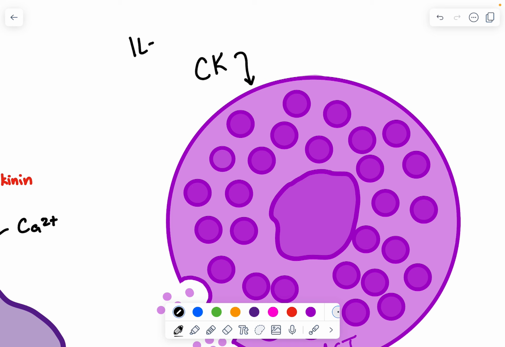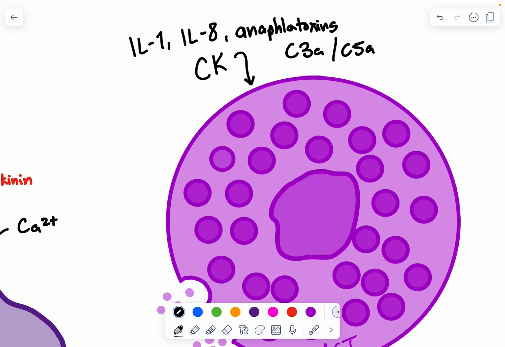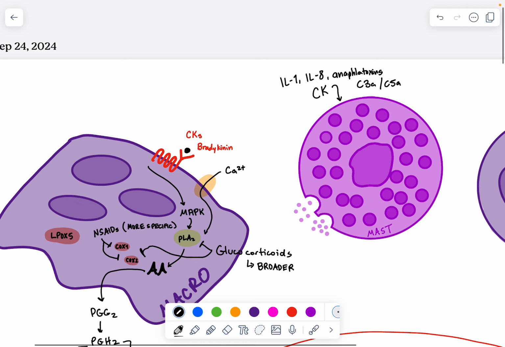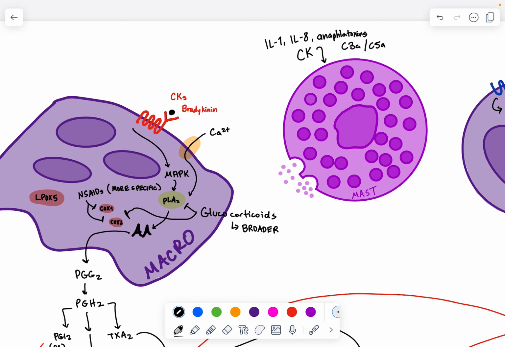That can be IL-1, IL-8, as well as any anaphylatoxin. As we talked about before, that can be C3a and C5a from the complement system. There are a couple of others that can activate mast cells, but these are mainly mediators of allergy and inflammation.